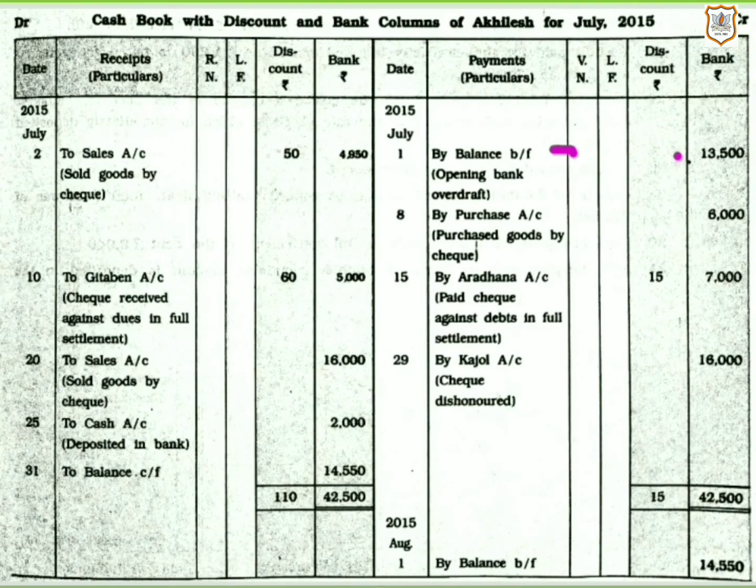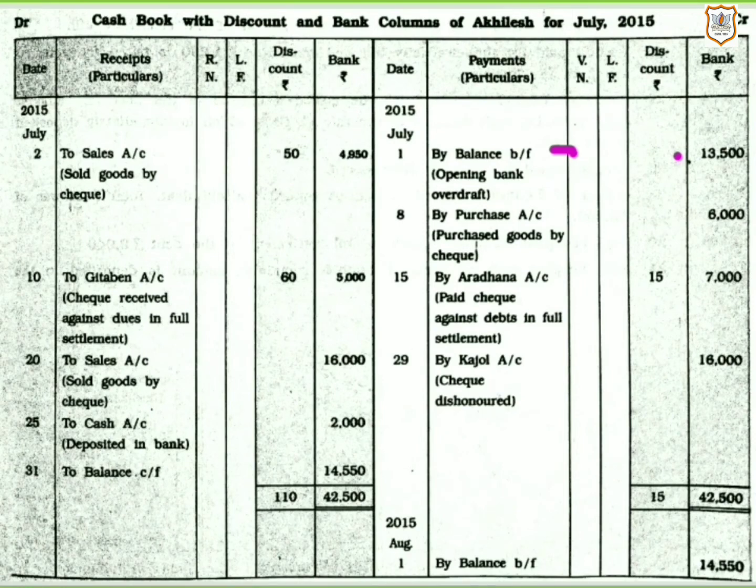That means we have given him a discount of rupees 50. So here, as we have given discount, it will be treated as expense for us. So according to the rule of nominal account, it will be recorded on debit side.